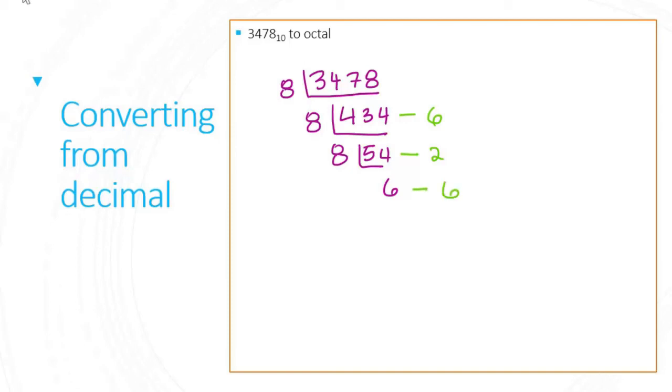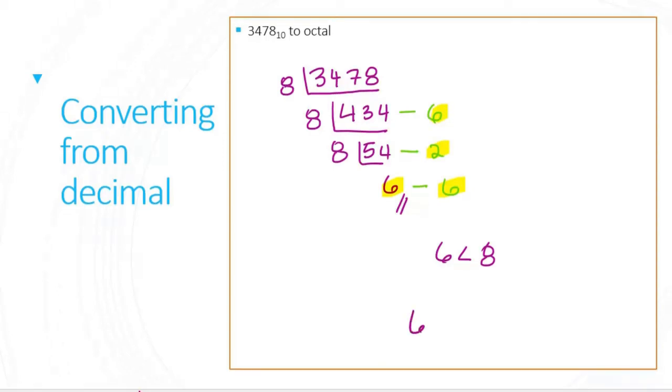And now that I'm at 6, I'm done. 6 is a value less than the base I'm converting to, which in this case is 8 for octal. So I've finished. I have to make sure to include this 6 as part of my number in octal. So once again, I get 6, 6, 2, 6 as my octal value.